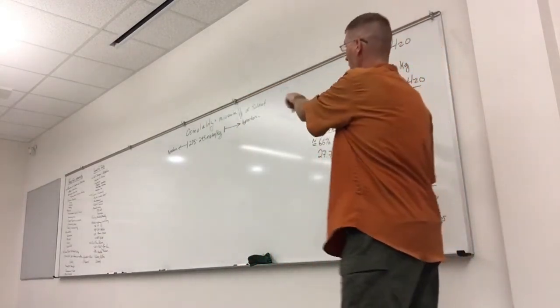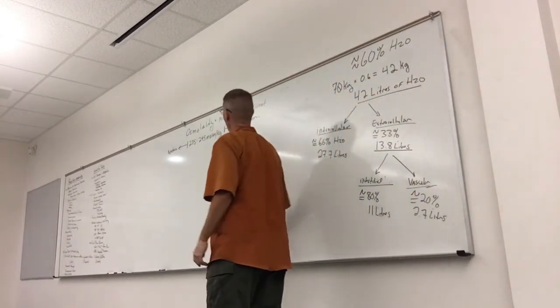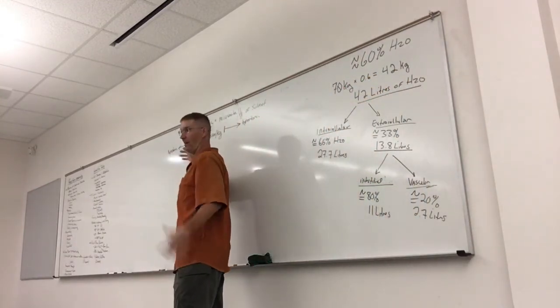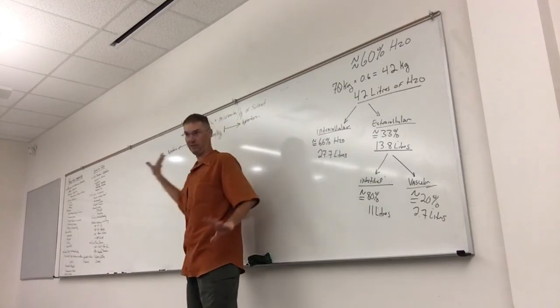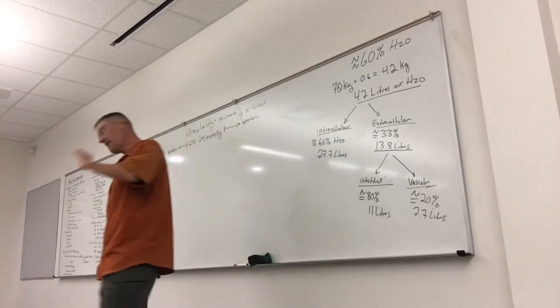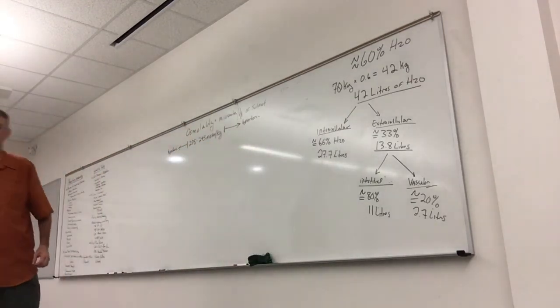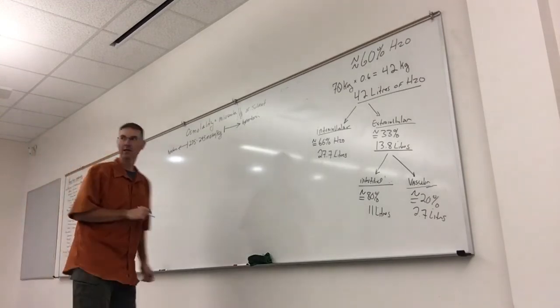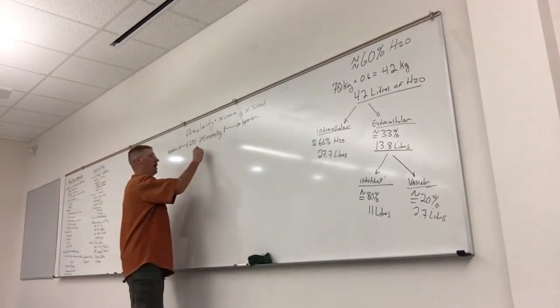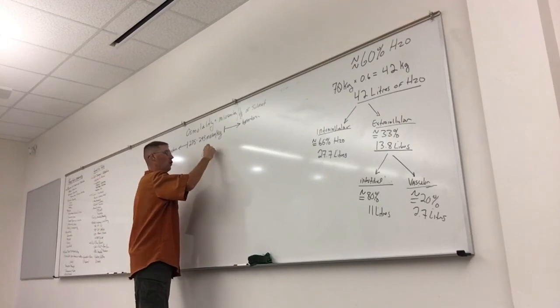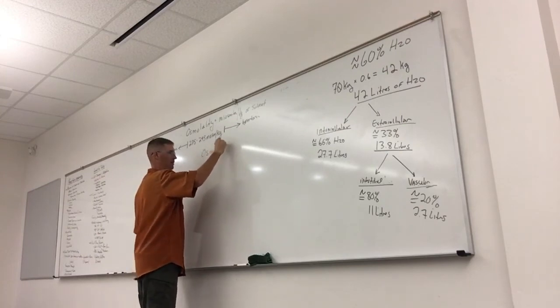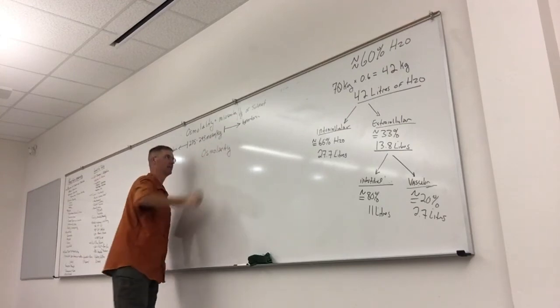Okay, so going back to osmolality, are you guys okay with the normal range, what it is, and what it suggests? Now, there is another concept that occasionally comes up, and this concept is known as osmolarity.